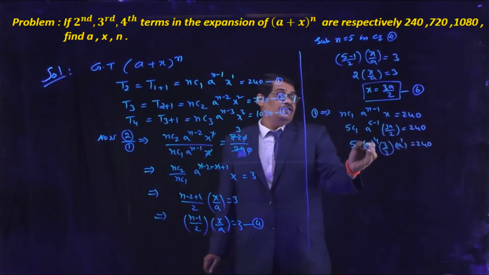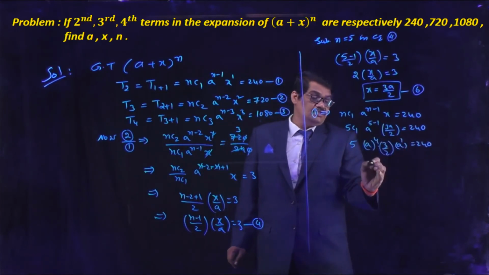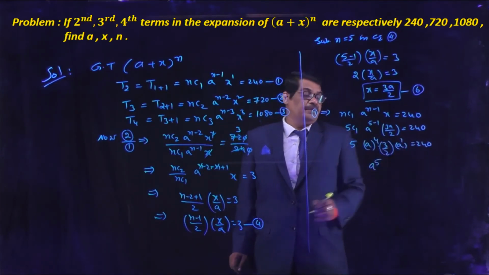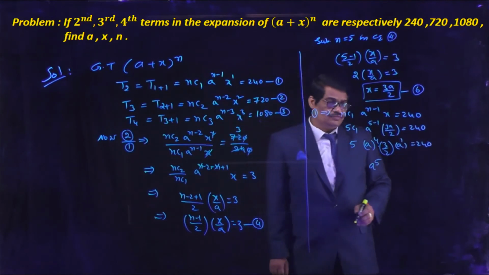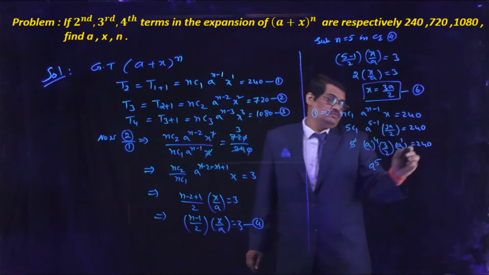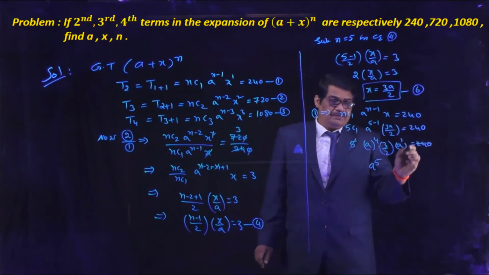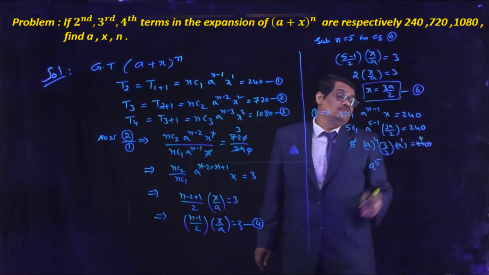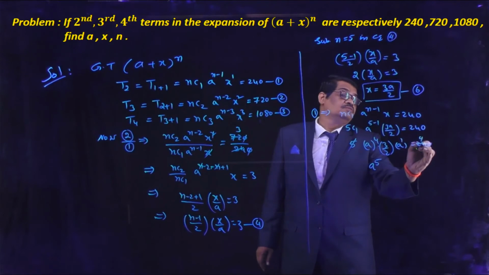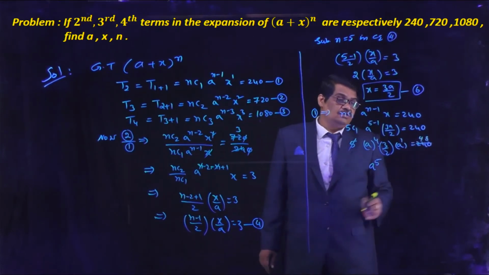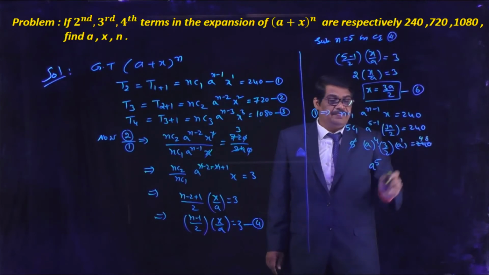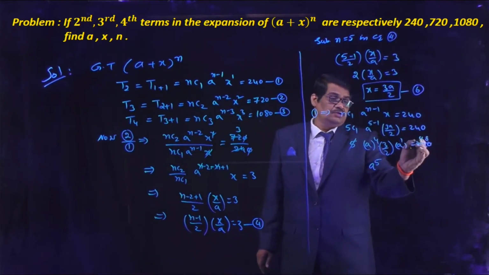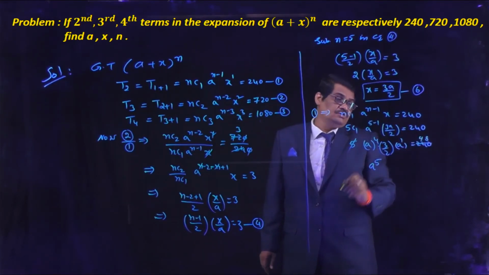Here a power 4, a power 1, that is a power 5. Now this 5 will be cancelled. 5, 8 are 40, so 5, 48 are 240.